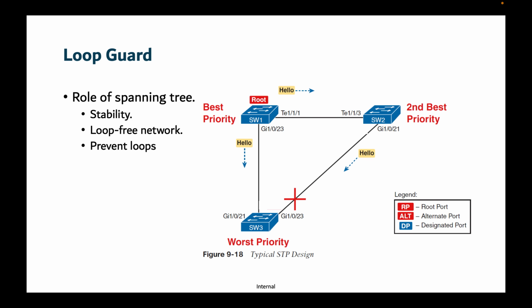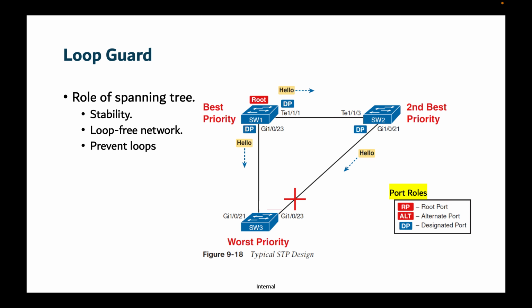For that, STP assigns every switch port that participates in STP certain roles and states, such as root port, alternate port, and designated port. So let's look at some of these port roles.